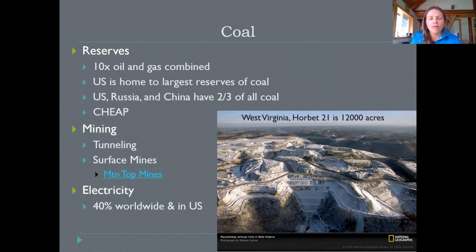So I think I've already mentioned this before, but just to review, coal is primarily used to make electricity. About 40% of the electricity that's produced worldwide, and about 40% of the energy that's produced in the US, comes from coal.